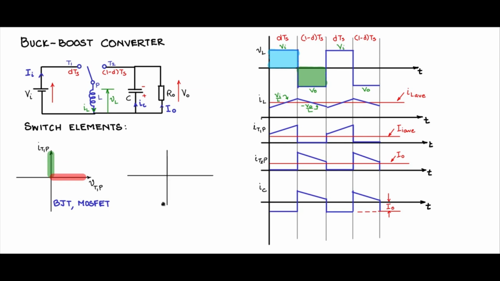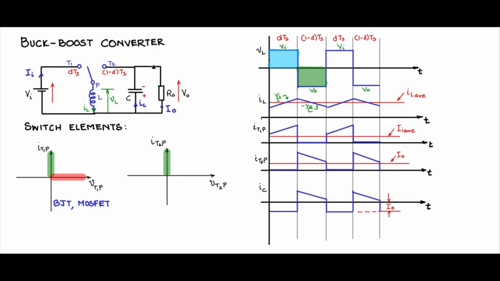Now when you come to T2P, VT2P and IT2P are the important variables here. During the time when T2 and P are connected, there is a current flow from T2 to P because the inductor current should not change direction. So all the positive axis of current becomes potential operating points. And during the time when PT2 is off, P is connected to T1, so P is at a positive potential.